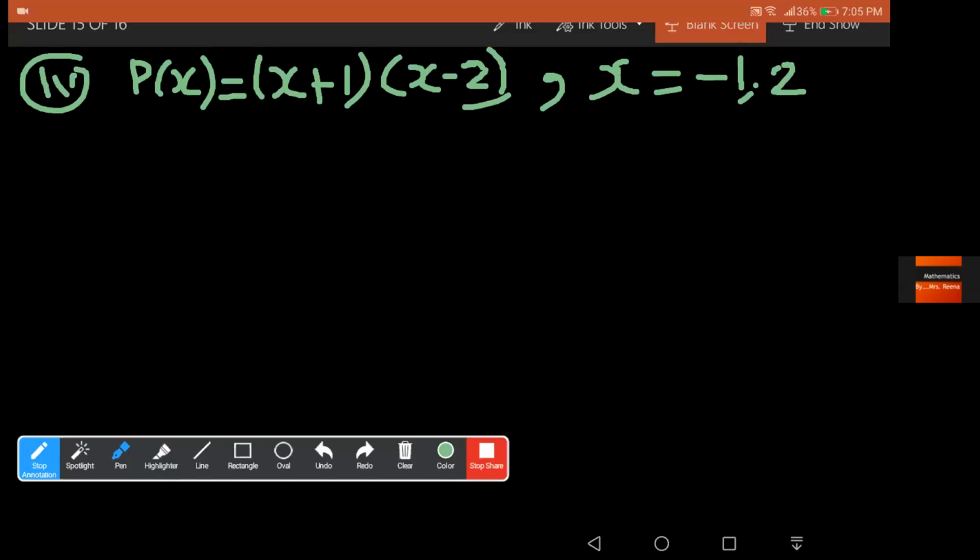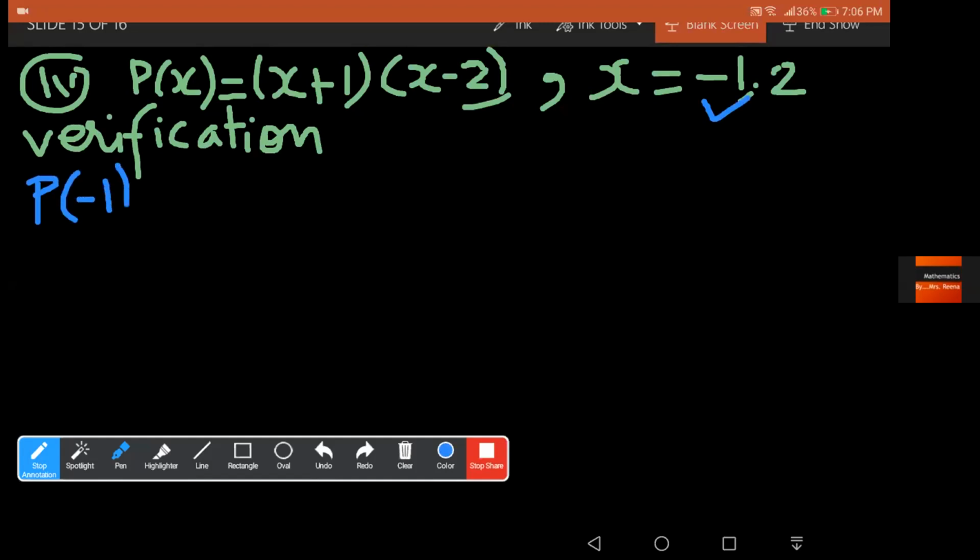This is the fourth part of this question. So for verification, we will take again two values of x. यहाँ पर भी दो values given है. कौन कौन सी दो values given है? Yes, I have minus 1 here. So by putting minus 1 instead of x, I will have minus 1 plus 1 and then minus 1 minus 2.